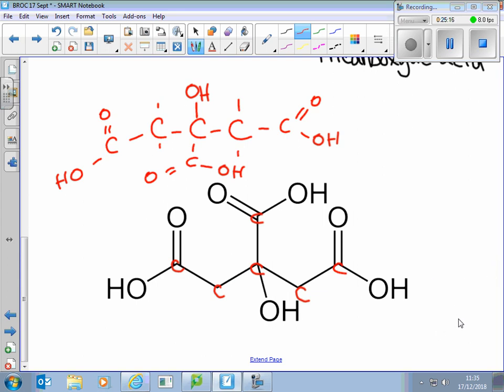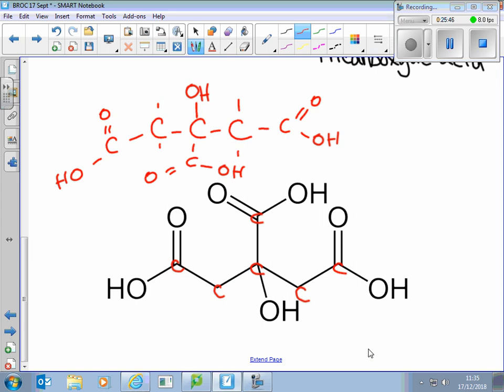People sometimes ask, why is this written HO rather than OH? It's because the O is the bit that's attached to the carbon, so you have to write it that way round. One of the molecules on your assignment is, I hope you found it fairly easy to draw, propane 1,2,3 triol.